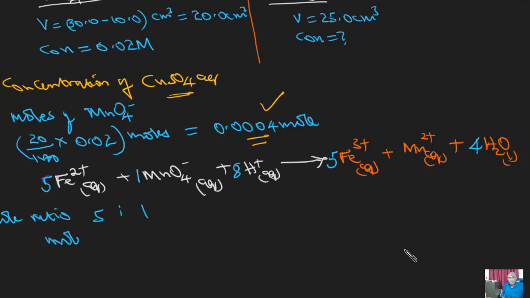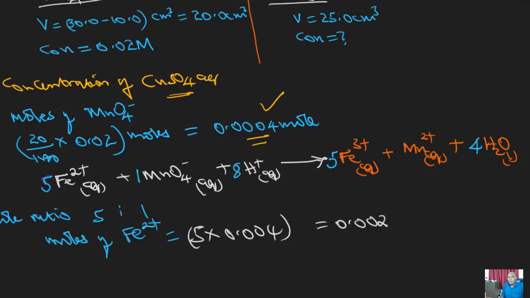Therefore, moles of iron 2 reacted are equal to 5 times 0.0004, and what we have now is 0.002 moles of iron 2. Remember, these moles were in 25 centimeters cubed of the solution that we pipetted and put in the conical flask.